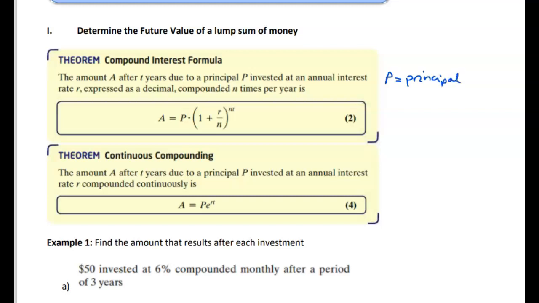This is basically the money that you're investing or borrowing, so this formula works both ways. A is the amount of money at a particular time after you borrow or invest, so this is the money at time T. R is the annual interest rate.